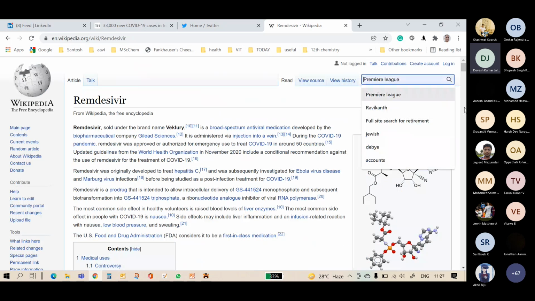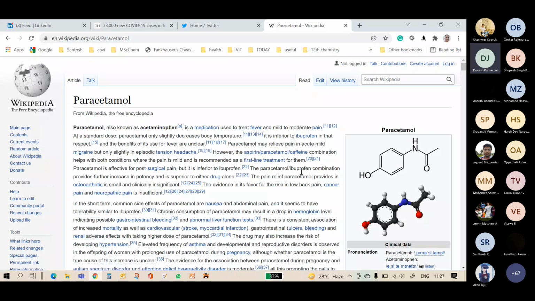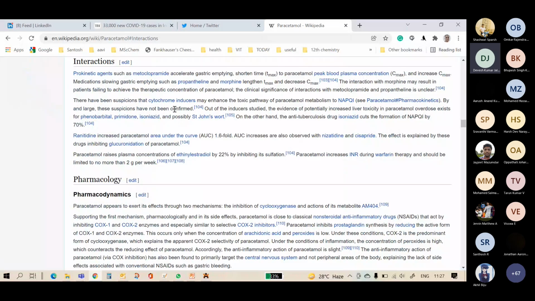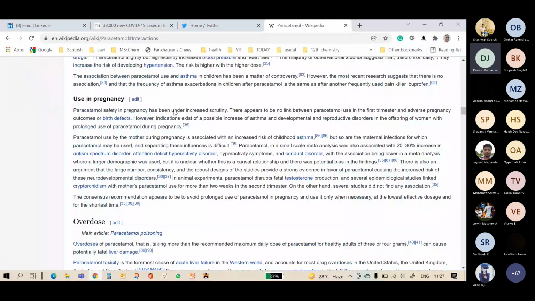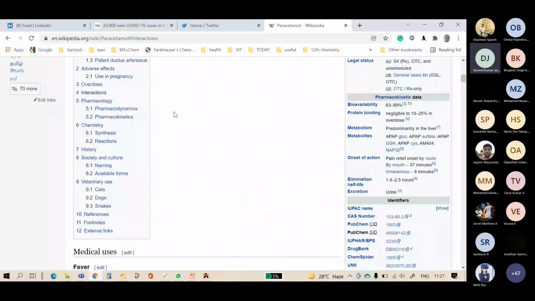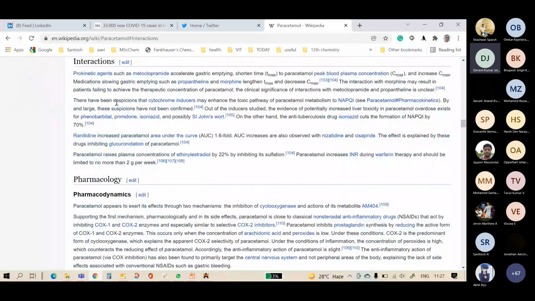So let's take a look at paracetamol. This is one of the easiest ones we can all understand. Paracetamol, which I think you studied a little earlier also in your course. Okay, so let's see interactions. Before that, overdose, use in pregnancy, adverse effects. How does it work? Okay, here prokinetic agents accelerate gastric emptying.